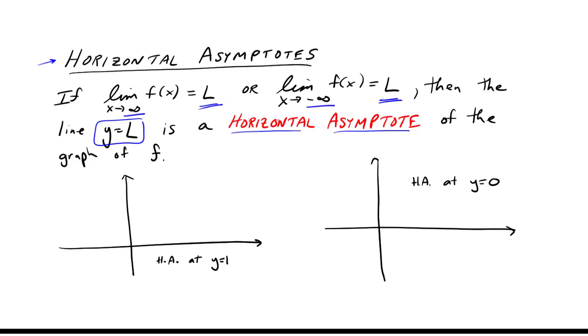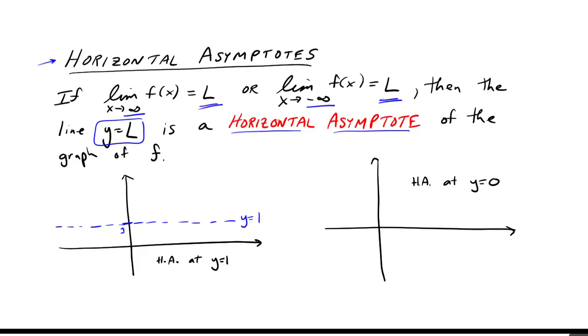So let's take a look here on the left at what a horizontal asymptote might look like. So you could have a horizontal asymptote, say, at y equals 1. So let's make that y equals 1. And as with any asymptotes, we generally dot them.